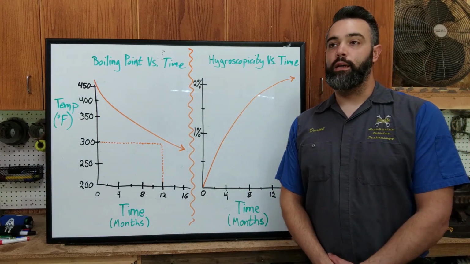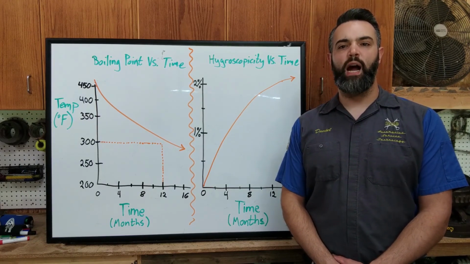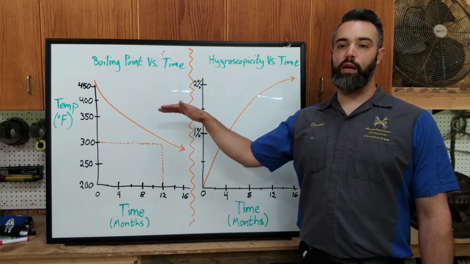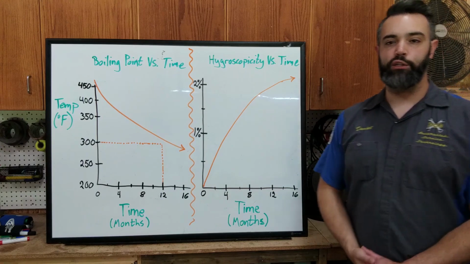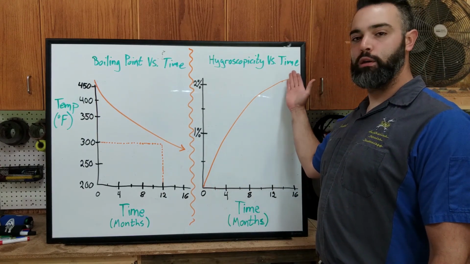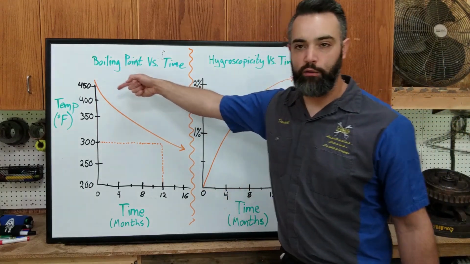Places like Death Valley or the Mojave Desert, some of the more dry and arid regions, is going to slow the absorption down. So this is a general idea, but it shows the relationship as more moisture is absorbed into the brake fluid, the boiling point decreases over time.